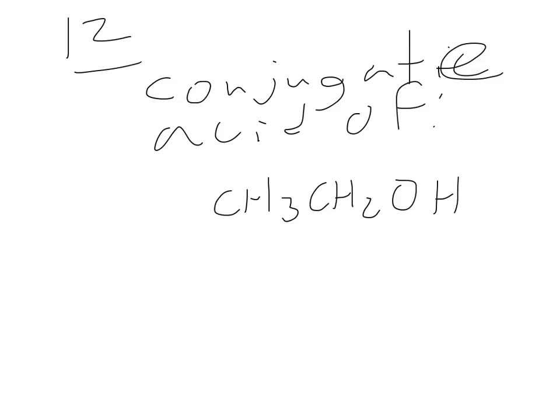So if that's the base, the conjugate acid has one more hydrogen atom. There we go. So the conjugate acid is the product as if you just added H plus to that.